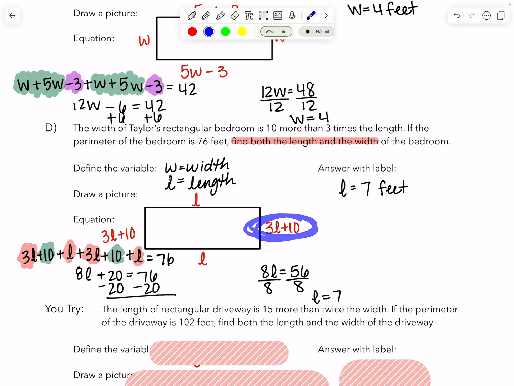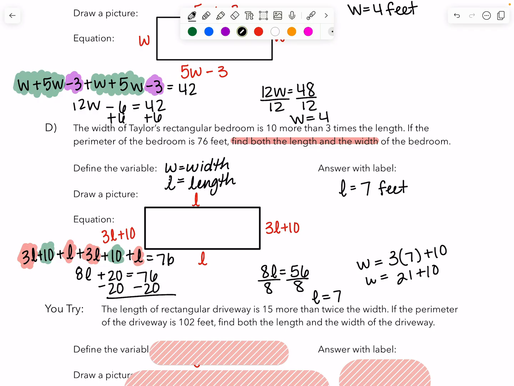So 3L plus 10. I'll actually do W equals 3 times 7 plus 10. So equals 21 plus 10. So W equals 31. So then here, W equals 31 feet.